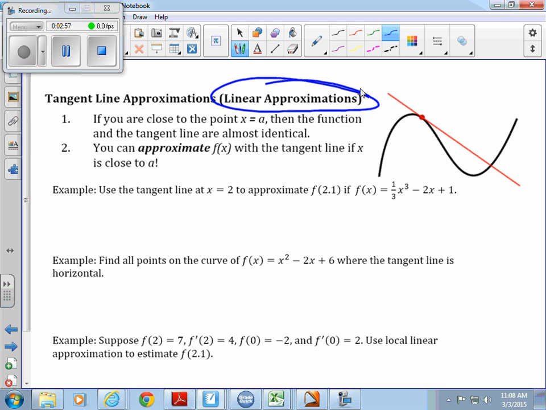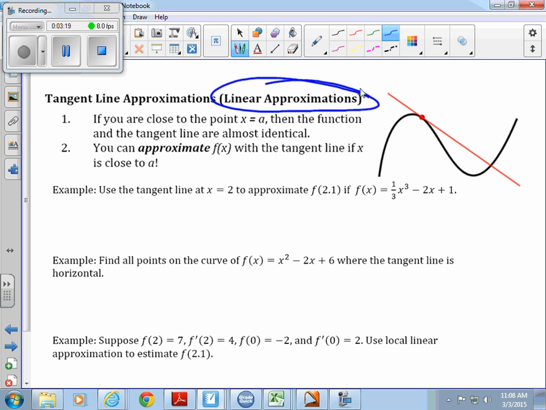Turns out, now in Cal 1, you won't get the full scope of how this is useful. But it turns out that sometimes tangent lines do a better job of approximating values on curves than the actual curve does. And so sometimes tangent lines will be used. One, they're easier. Two, they're sometimes better approximations.